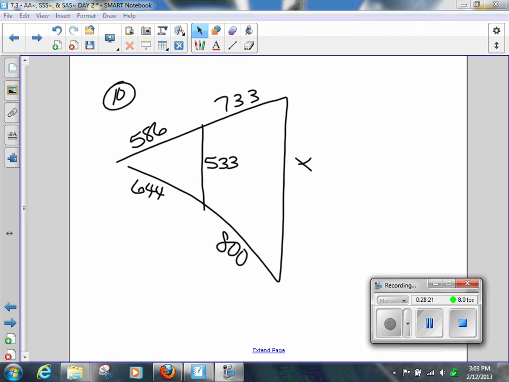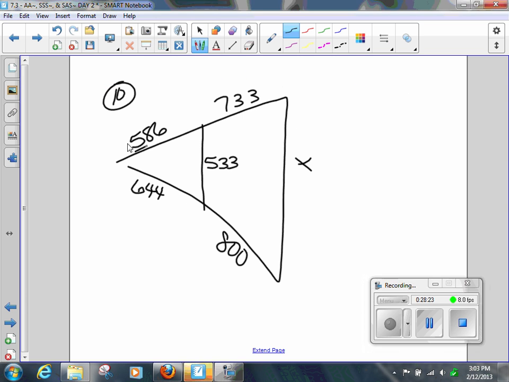Okay, so that's number 10. Because these pieces right here are not the same, that's why you cannot use mid-segment this time. That's why some of you did last time and it worked. If these 2 pieces right here, Brandon, were the same, if this was 586 and this was 586, and this was 644 and this was 644, absolutely you could use mid-segment.